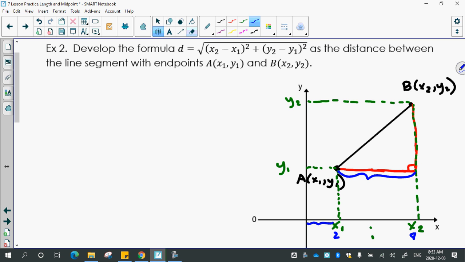Do you agree? How would you figure out the distance between them? Yep. x2 minus x1. Yeah, you do 8 minus 2, and that distance would be 6. Does that make sense to everybody? So this distance here is x2 minus x1. Okay? Now how about this distance here?